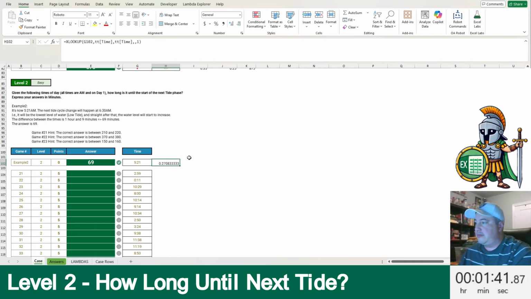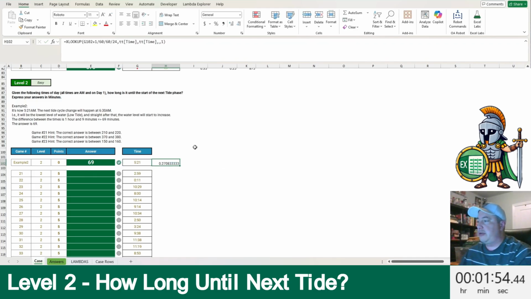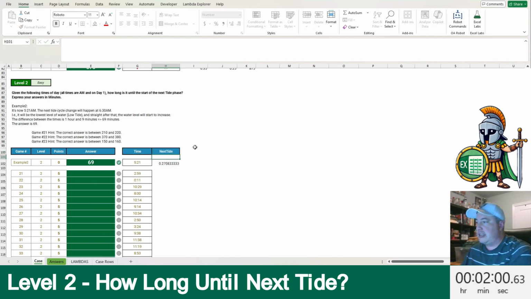Using the look forward feature, and just in case it starts on a number that matches the table, I'm going to add a small value so that we're guaranteed to get the next time. And it won't give me the exact time again. So we're going to call this next tide and save this as a lambda.